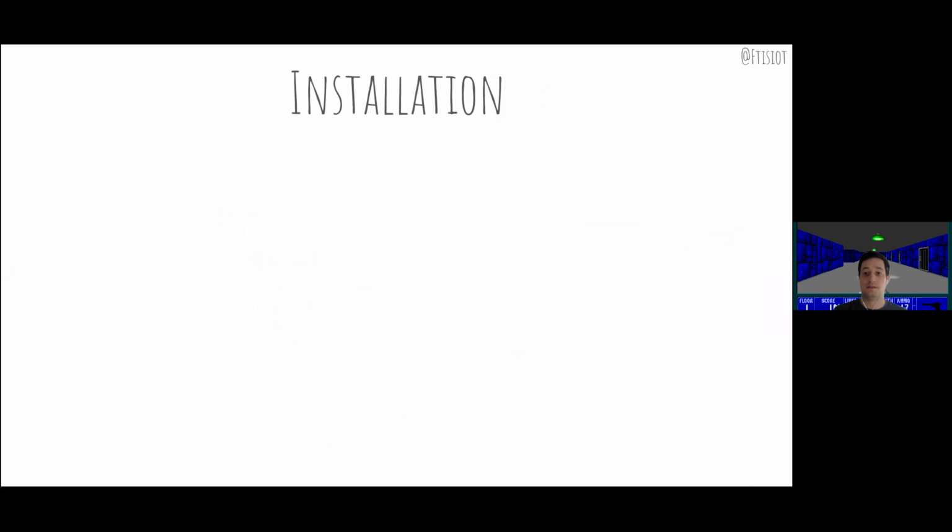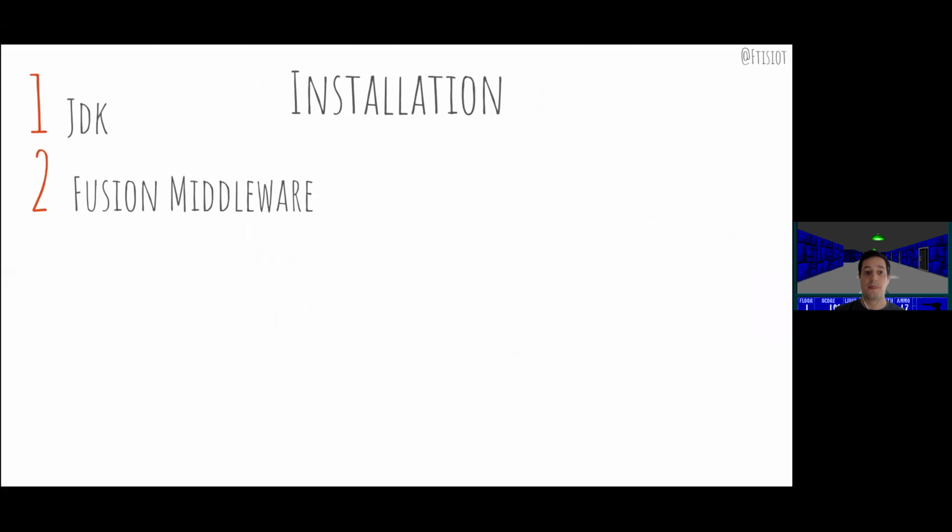Installation is very similar to any 12c installation. First you install the JDK, then you install the Fusion Middleware, basically WebLogic. Then it's time to install the binaries of Oracle Analytics Server. At this point, you need to create what is called the RCU, which are the repository schemas that are used by OBIEE to work.